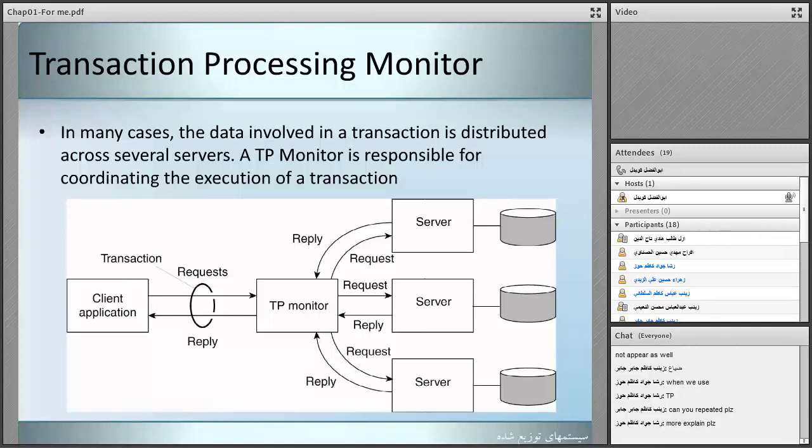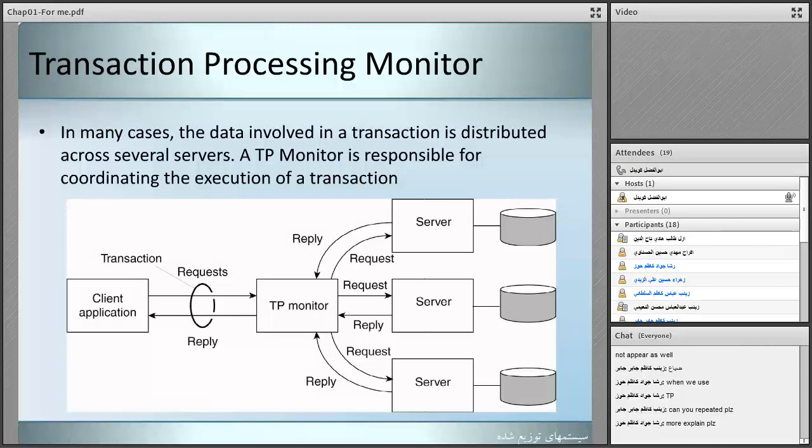But in a more complicated situation, our data is decentralized. It means we have only one database, but we store each table of the database on a different server. In this picture, we have 3 servers. Each server is responsible for storing a table of our database.